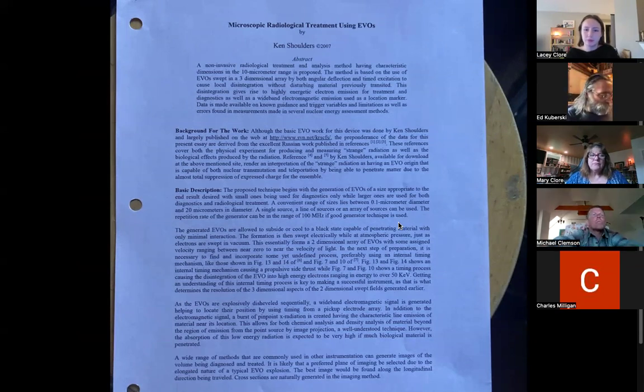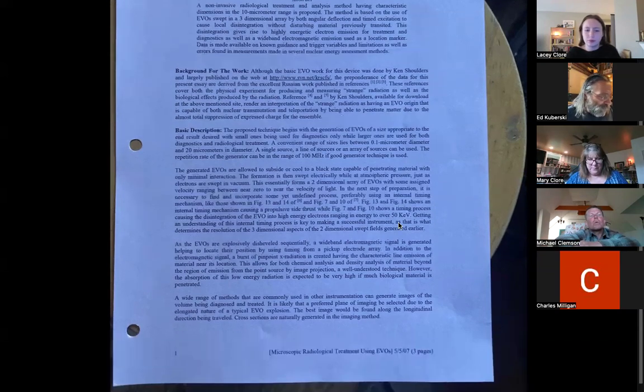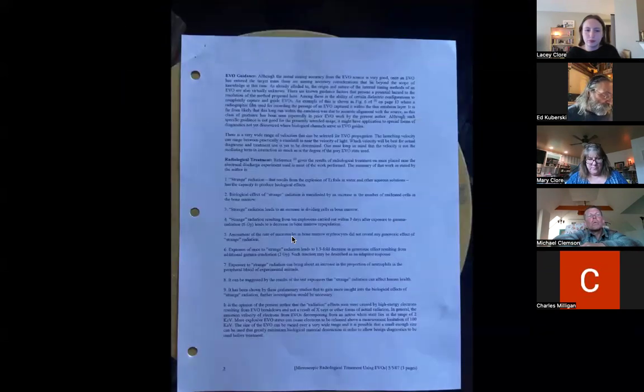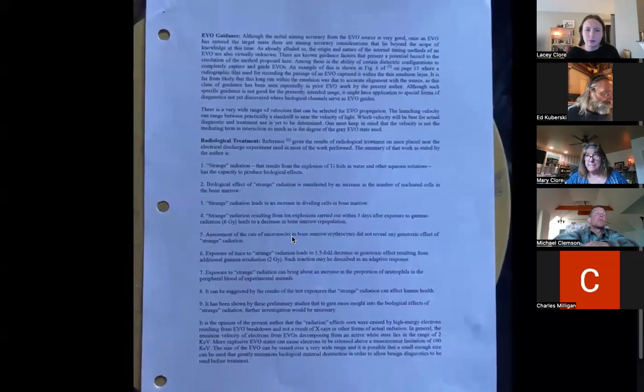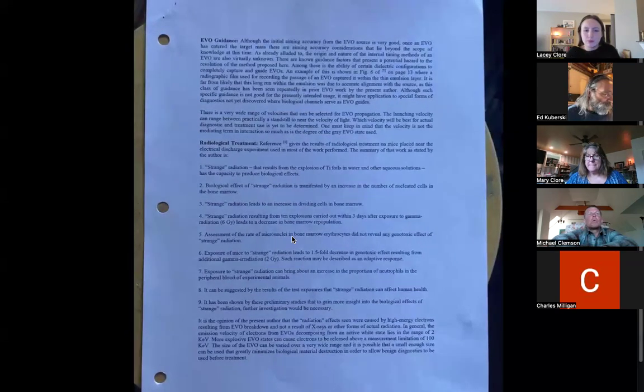Very cool. And the radiologic treatment. It's interesting because he talks about strained radiation a lot here and how it can interact with, like you're saying, human cells. But the velocities are very interesting as well.